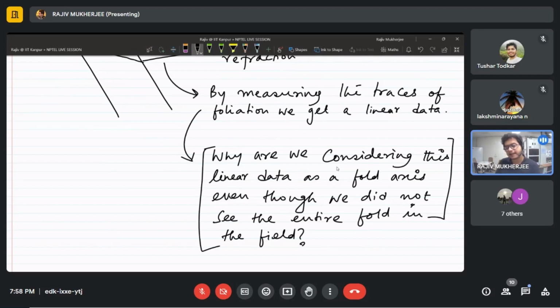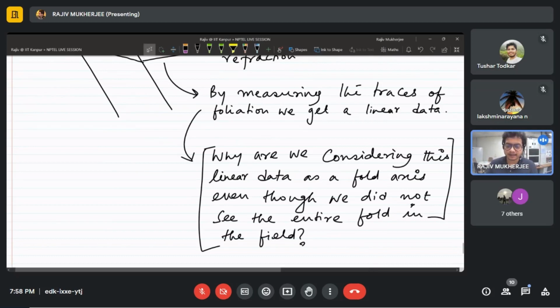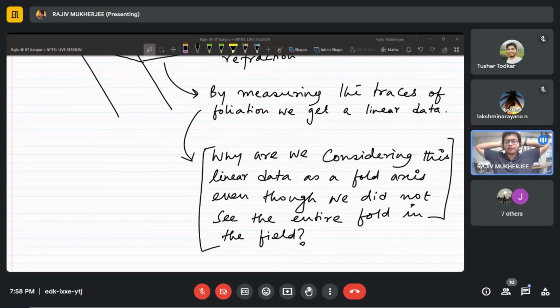This linear data could be anything, any sort of deformation signature. Why specifically fold? Can anyone answer this, or at least think about this?